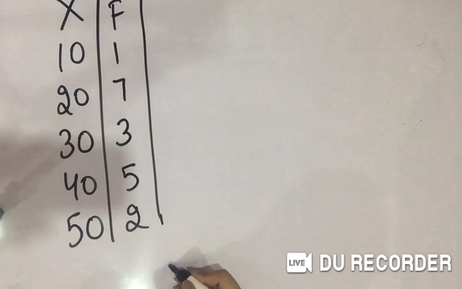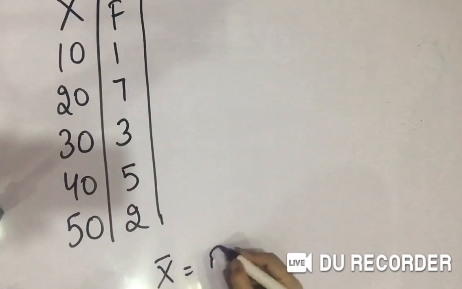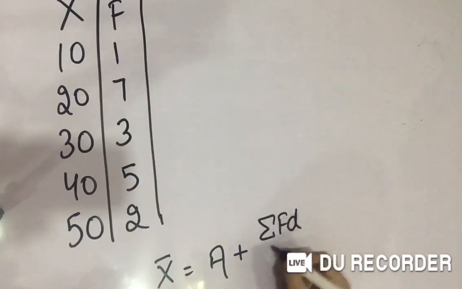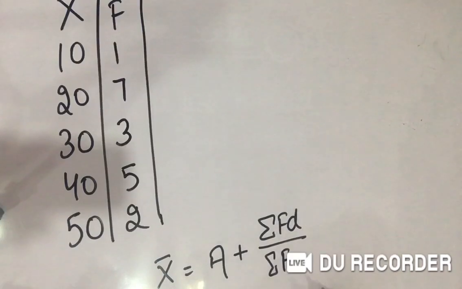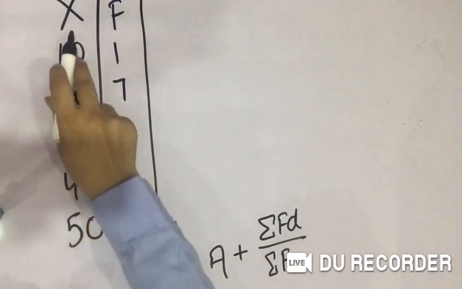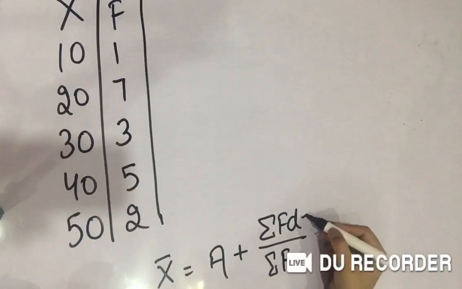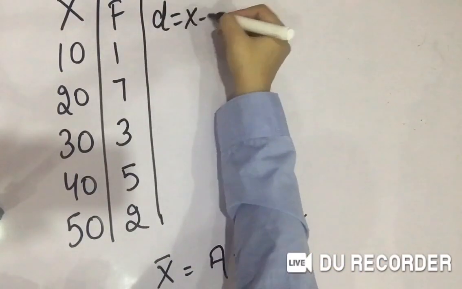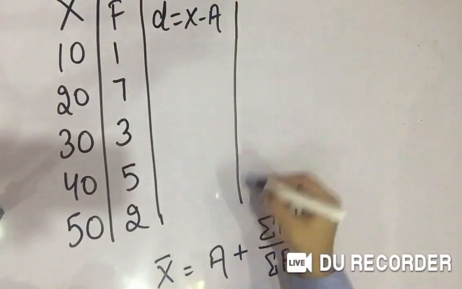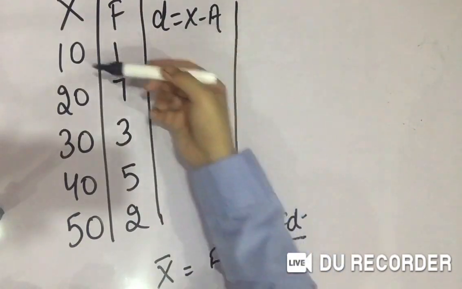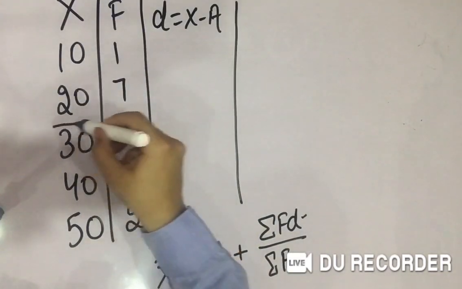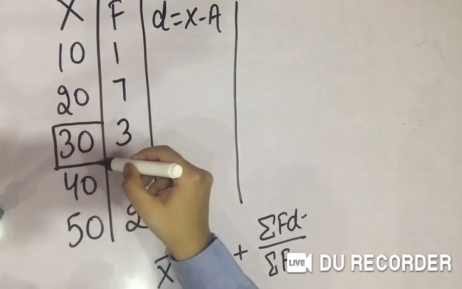Now the formula to calculate mean is A plus summation FD upon summation F. Okay, we have to assume out of the x. The very first step is to calculate D. D is equal to x minus A. A means assumed. You can assume any item out of this x. It's better to choose the middle one. It will make your calculations easy.